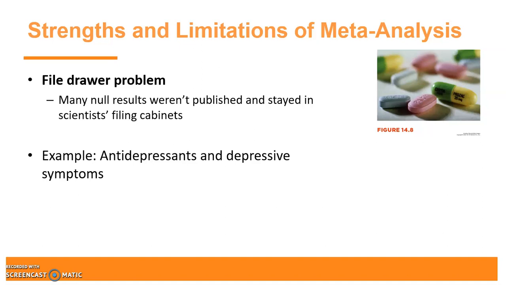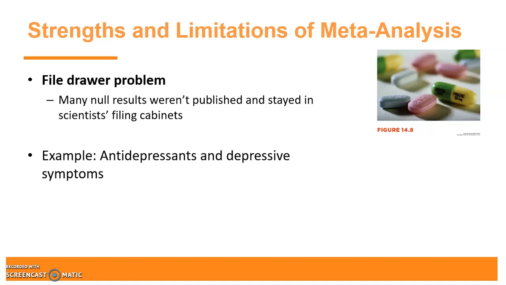There are some efforts to help with this, which we'll talk about in the next section, but it can be an issue. A meta-analysis, therefore, will show a greater effect than actually exists because it's leaving out a bunch of studies that showed no effect, or maybe an effect in the opposite direction.